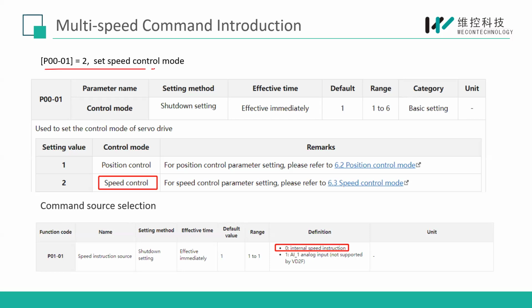When the servo is in speed control mode, set the source of the speed command by setting the function code P0101.